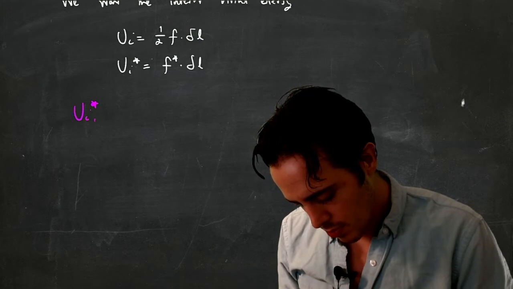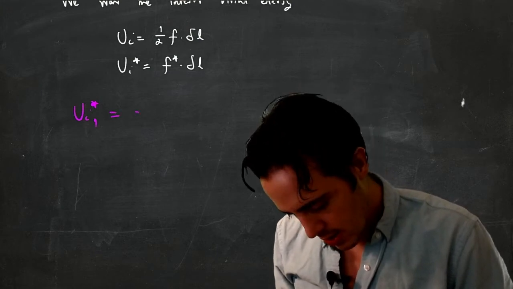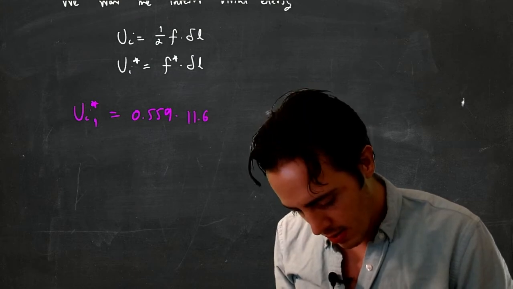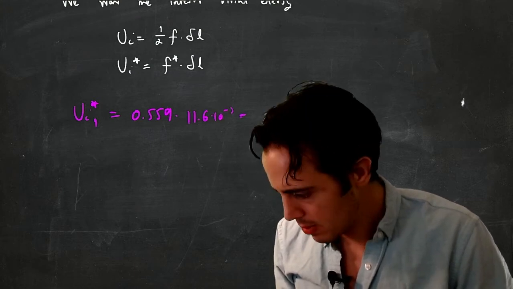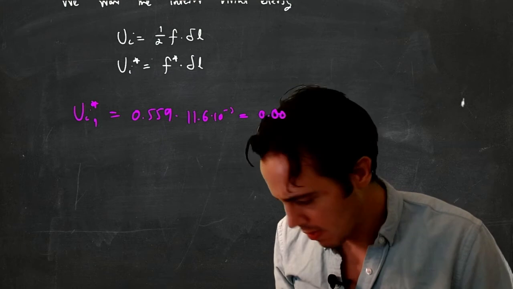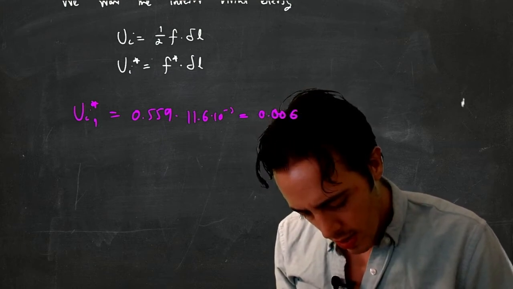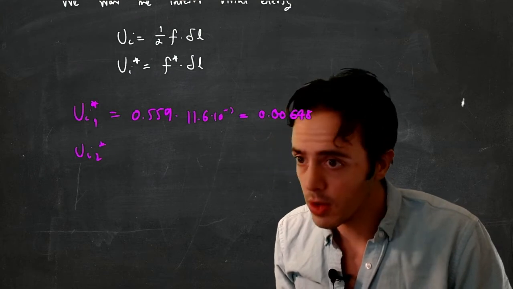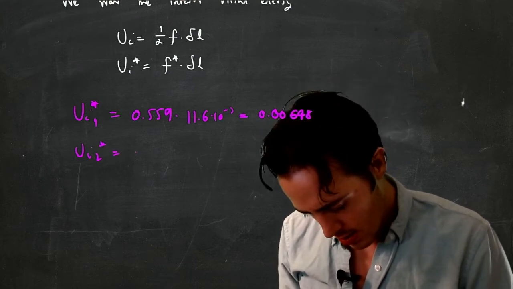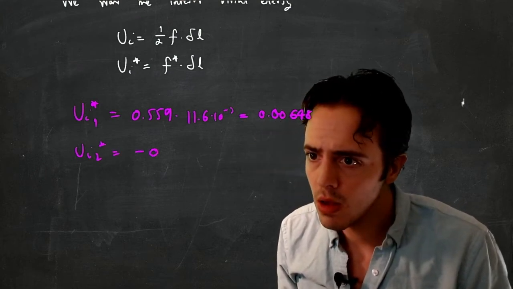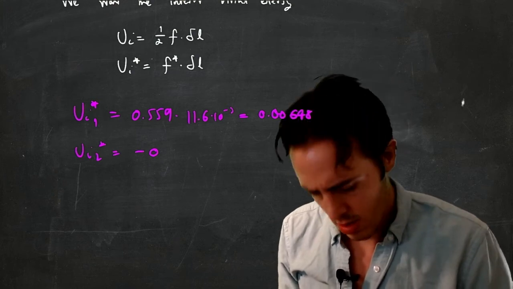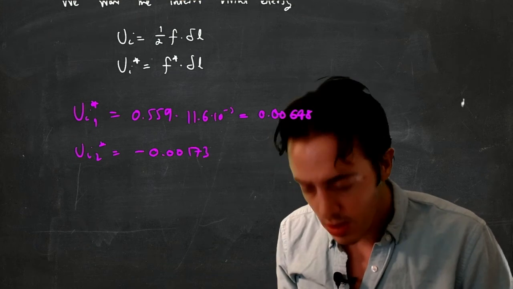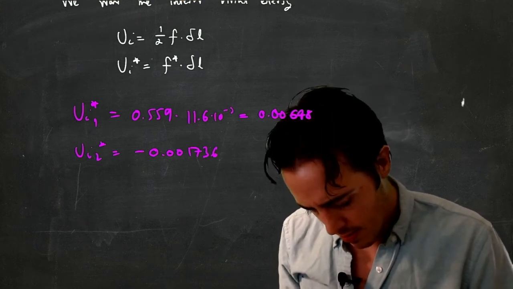UI1 star, the first one is 0.559 multiplied by 11.6 times 10 to the minus 3, which gives me 0.00648. UI2 is minus 0.001736.